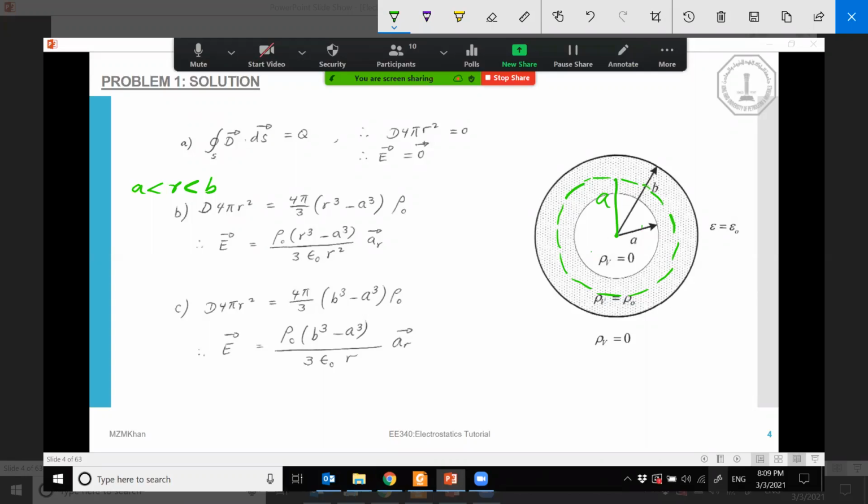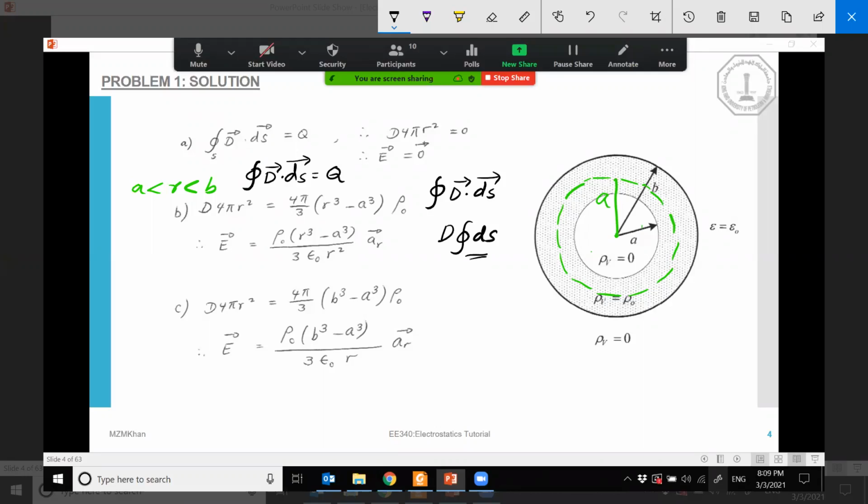Now, let us apply Gauss's law. Gauss's law says that the closed surface integral d bar dot ds bar is equal to the charge enclosed, right? Now the left-hand side, I can simplify. Since d and ds bar are both parallel, I can take d outside, leaving the closed surface integral of ds.